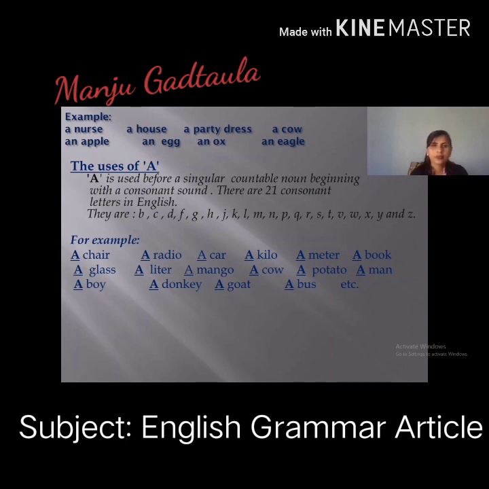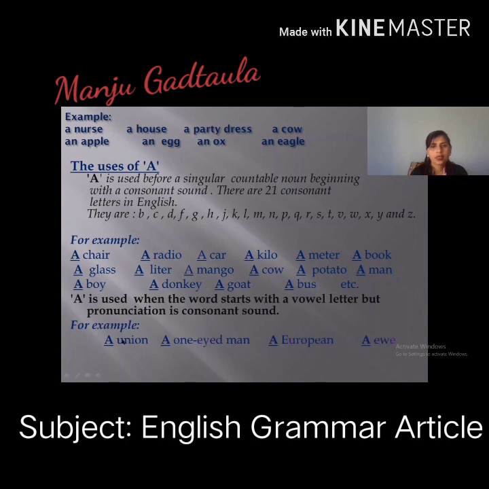Students, there are some words we always have to remember before using article a. Look at here. A is used when the word starts with a vowel letter but the pronunciation is a consonant sound. For example, a union, a one-eyed man, a European, a U, a 1 rupee note, a unicorn, a unique creature, a university girl, a useful.